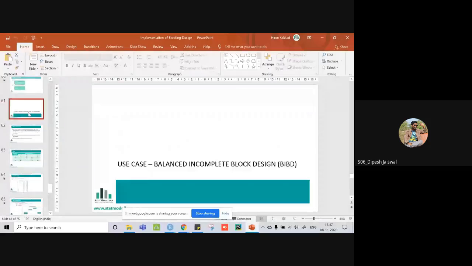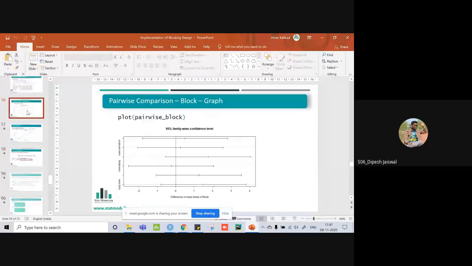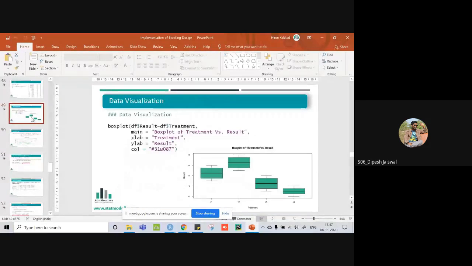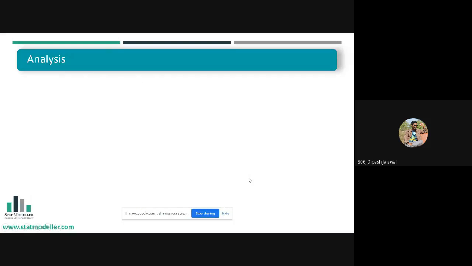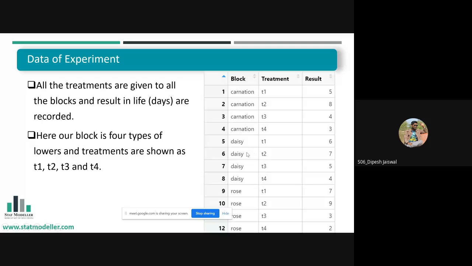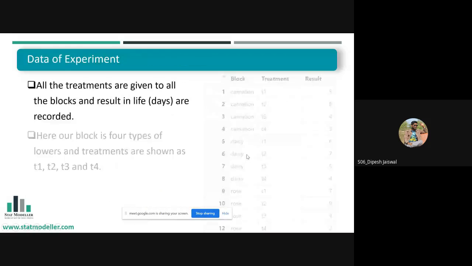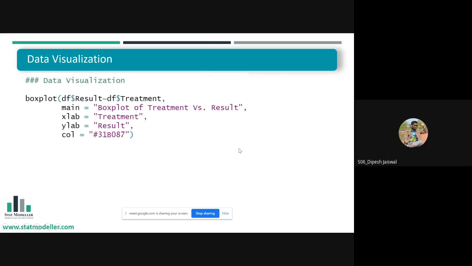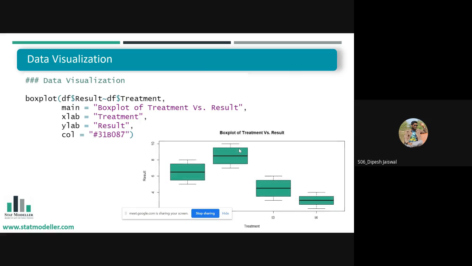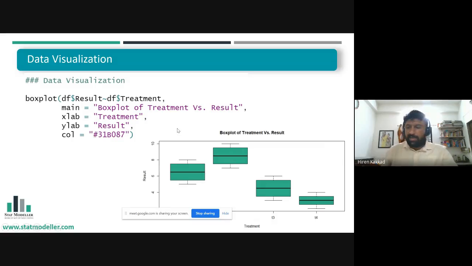Okay. Let me just share my screen again. Let me just explain the code.